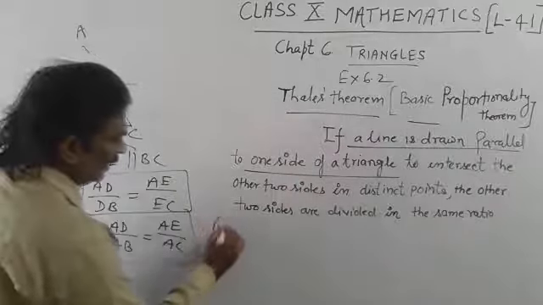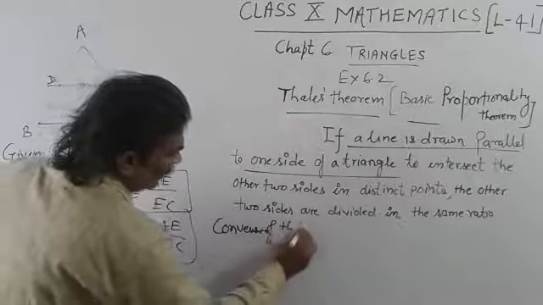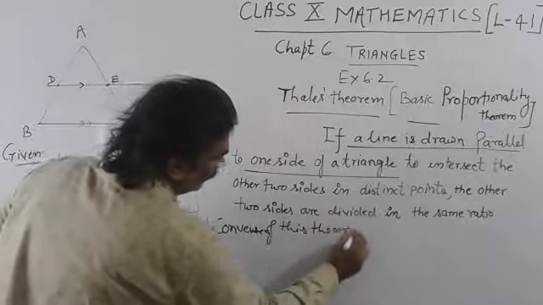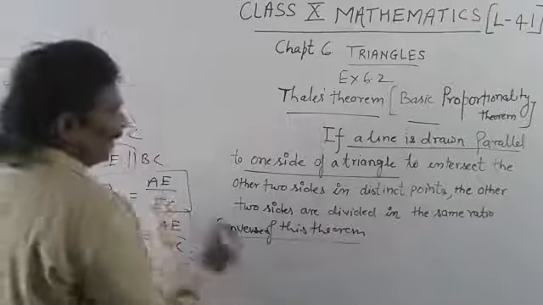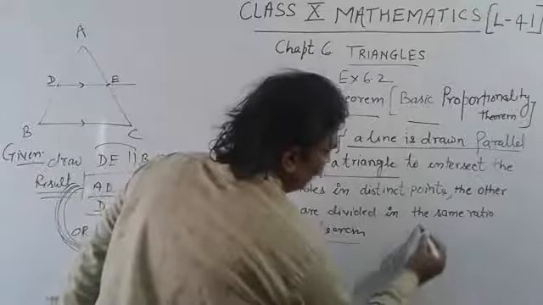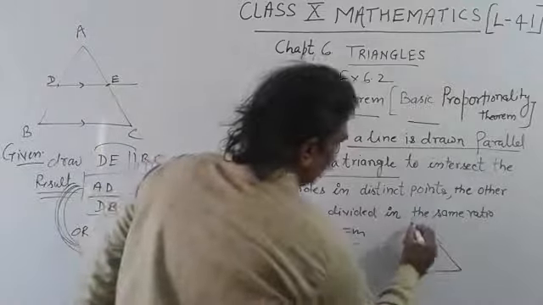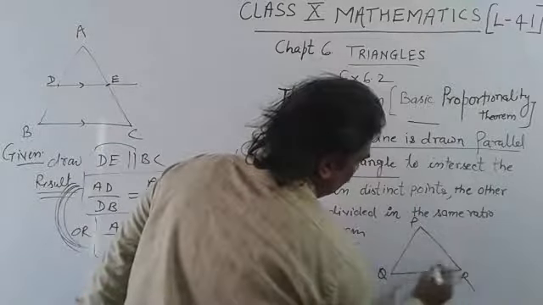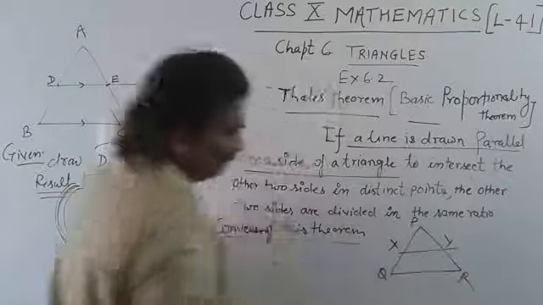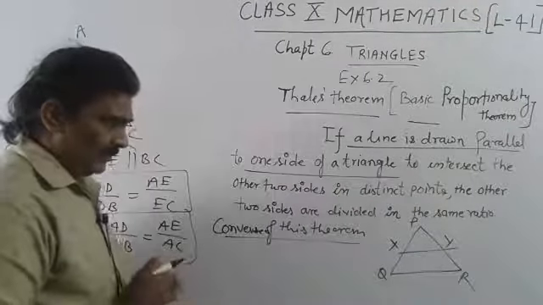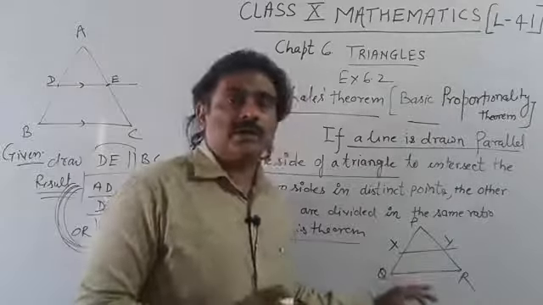The converse of the theorem can be written as follows. Same triangle and same line. If we have a triangle like PQR, and this is line XY, but we do not know whether XY is parallel to QR or not.